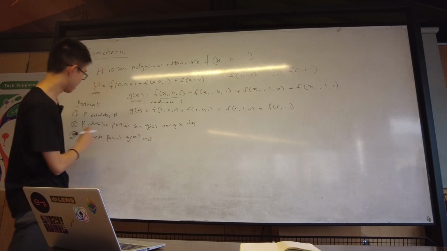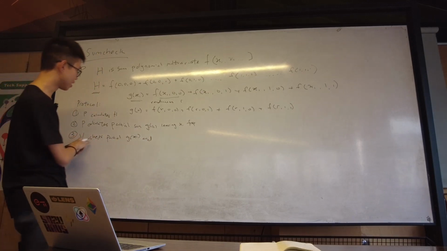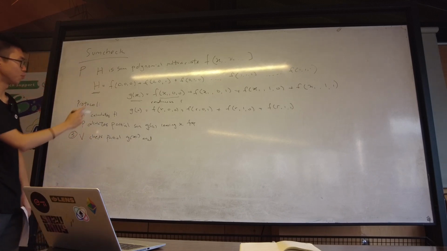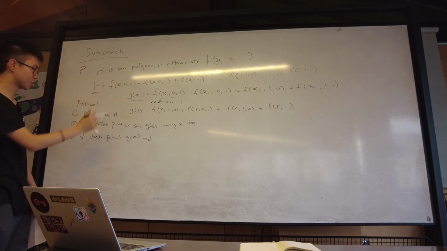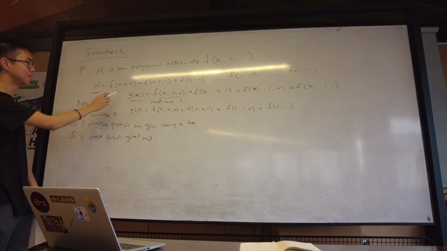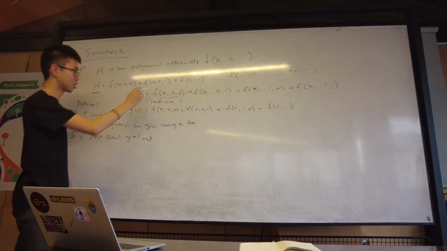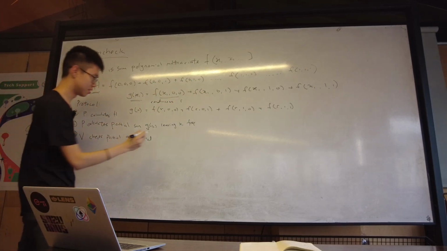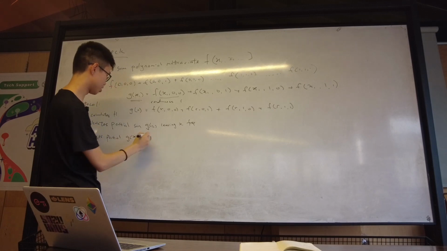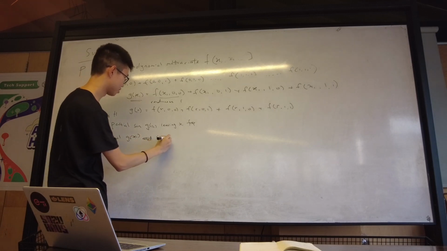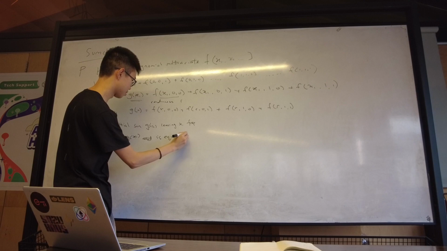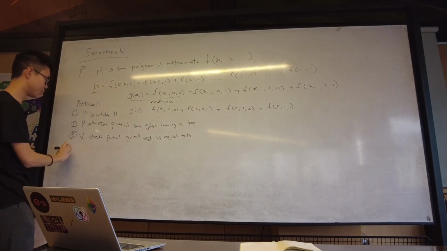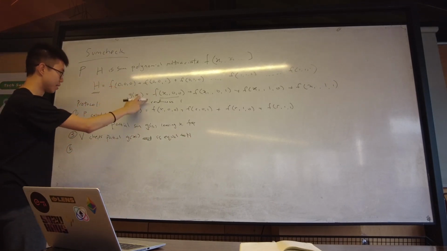Okay, so I missed a step here. Basically, when the prover computes this partial sum, it first checks that the partial sum is indeed equal to H, and only then makes sure that the partial sum is correct.